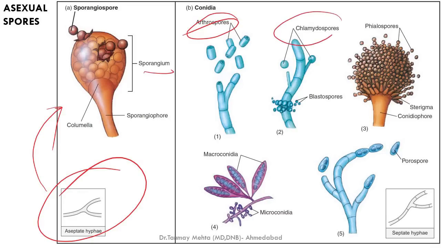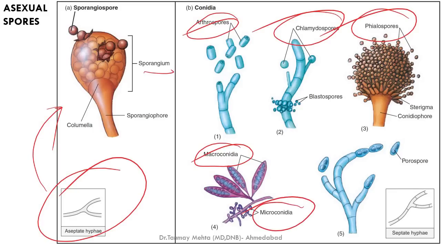It could be chlamydospores. It could be phialospores, which arise from phialids, as we have seen in the earlier example. Sometimes they are very large, and are known as macroconidia, seen usually in dermatophytes, or they are very small, which is known as microconidia.